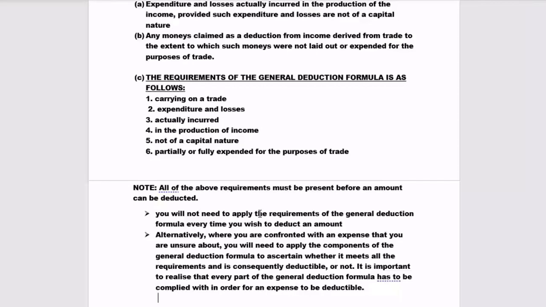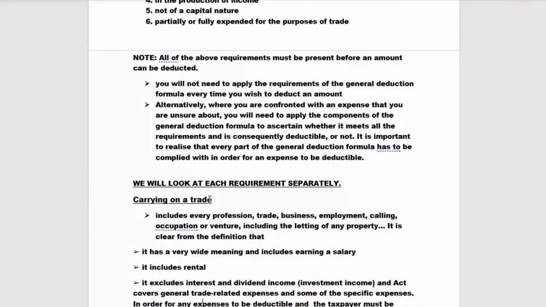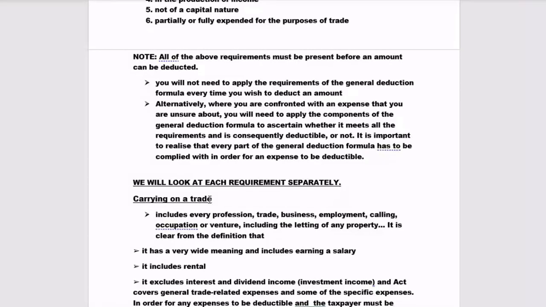Just know that all of the requirements must be present for an amount to be deducted. Should you miss one, it means it doesn't meet the general deduction formula requirements. Moving forward, you will not need to apply these requirements every time you wish to deduct an amount.